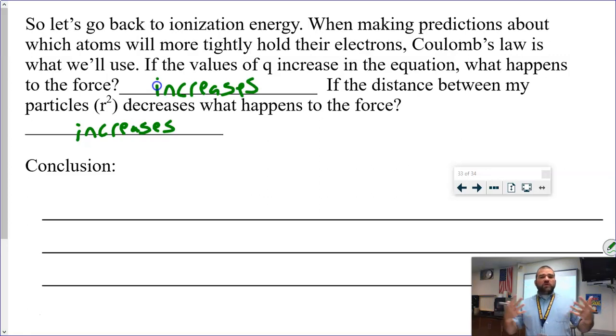So we used Coulomb's law just qualitatively. The word qualitative just means in its general sense, not actually using numbers. The opposite of qualitative is quantitative. Quantitative is when you are being very precise and using specific, accurate values and numbers and math.